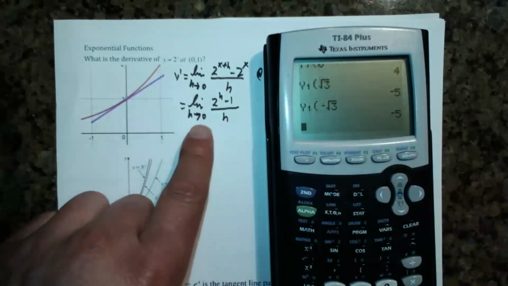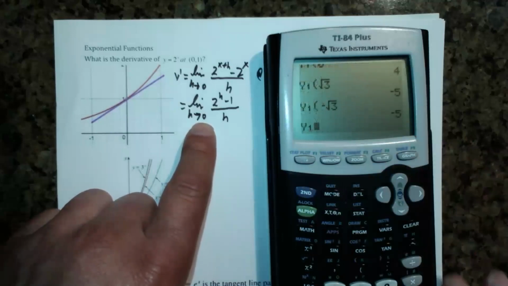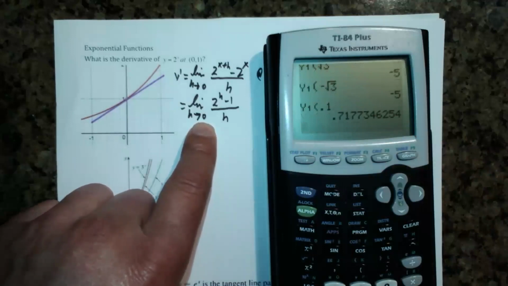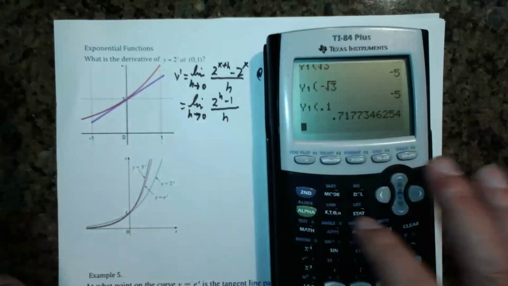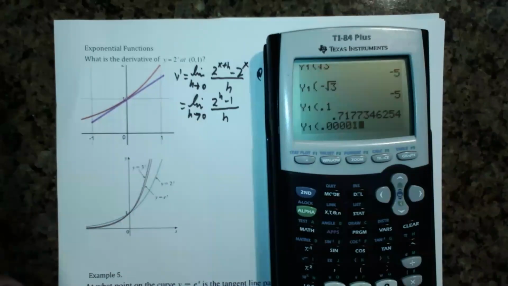And I'm going to choose a number really close to 0. So vars, y vars function. So let's pick 0.1. We'll start there. Okay. We definitely have an ugly number that's less than 1. Let's do it again, but let's get even closer. Vars, y vars. Let's go 0.00001. Okay. We're definitely getting closer and closer to 0.693, it looks like.